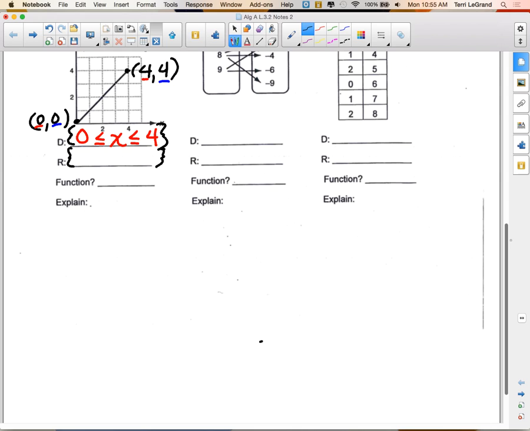Okay. So anybody want to tell me what the range is? Holly, I would love to hear from you. Did you write anything down? Let's just hear it. Give it a try. I'm feeling pretty confident for you. 0 is at this end. 4 is at this end. What's in the middle?